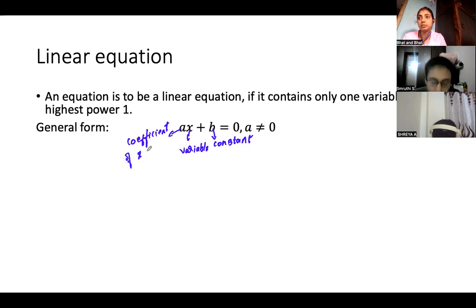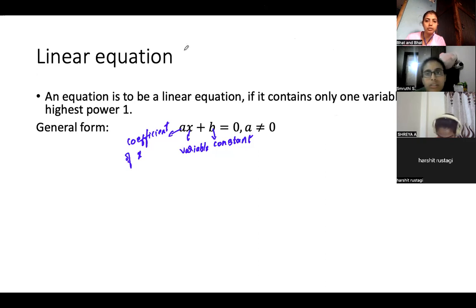That means the highest power of x is 1, so the degree of the equation is 1. This is a linear equation which consists of only one variable. The name of the chapter is pair of linear equations. When you say pair of linear equations, we can write two equations.